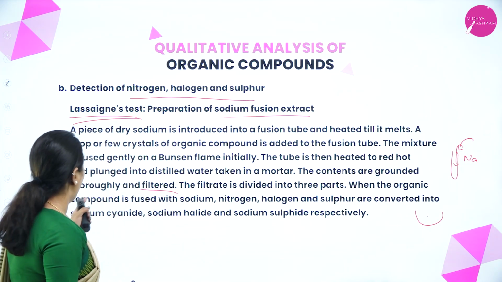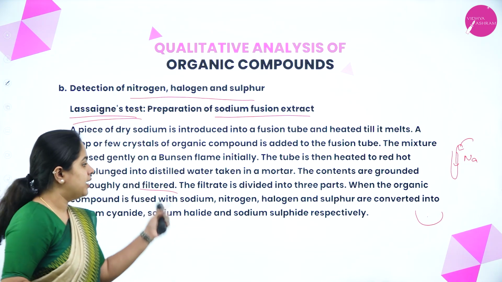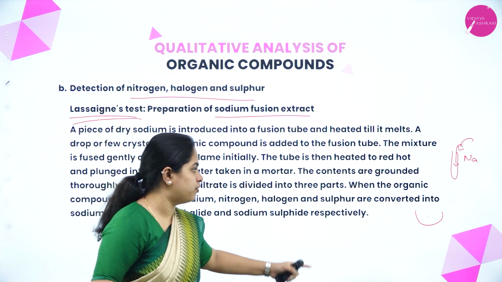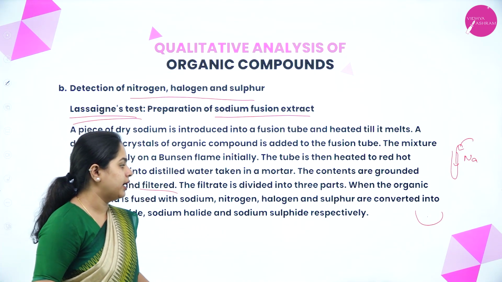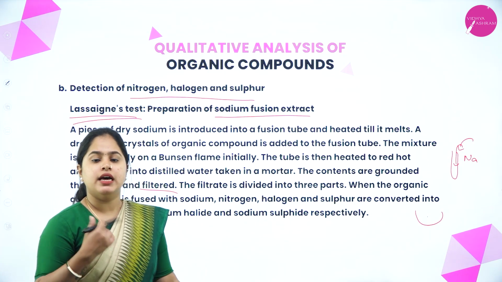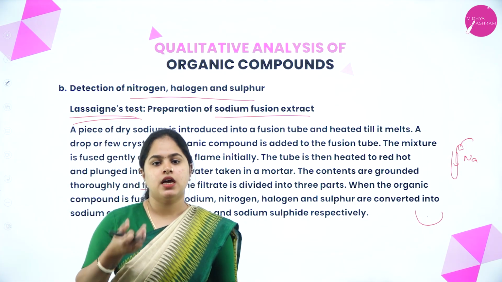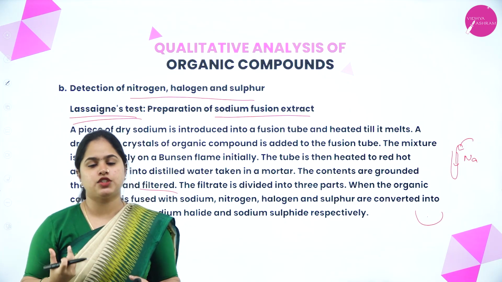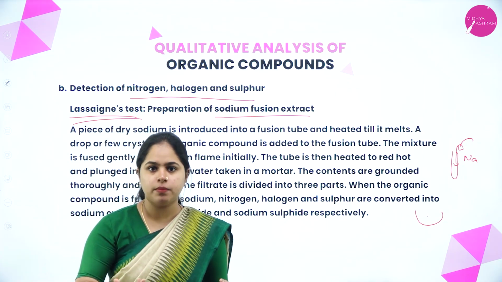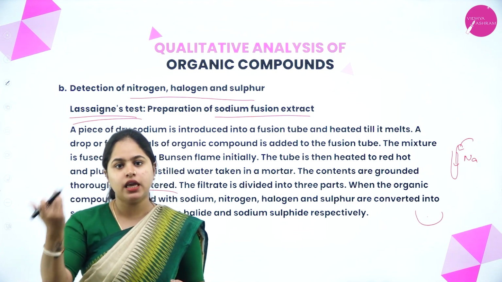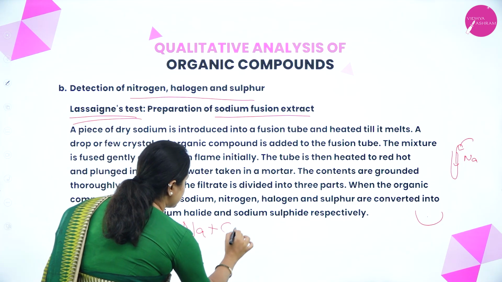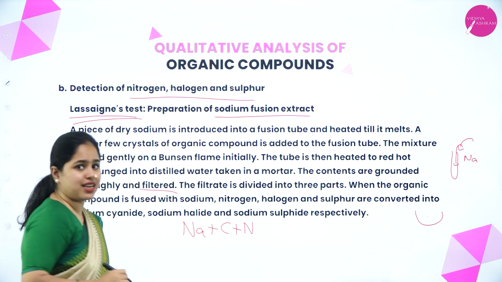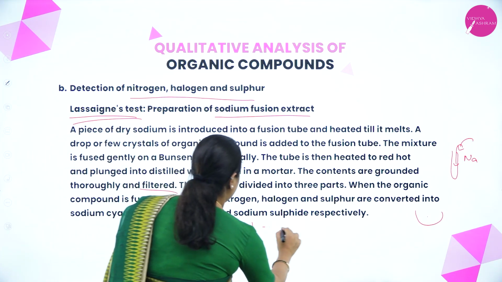When the organic compound is fused with sodium, nitrogen, halogen and sulfur are converted into sodium cyanide, sodium halide and sodium sulfide respectively. What does that mean? The filtrate we are getting is not just sodium, but sodium plus the organic compound. If the organic compound contains carbon and nitrogen, sodium cyanide, NaCN, will be formed.